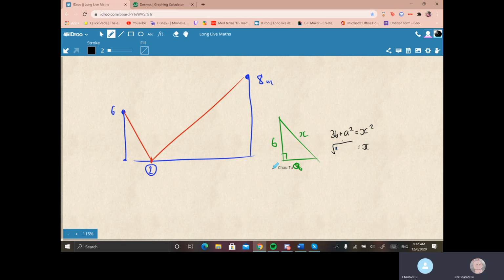Yeah. So no matter where A is, the diagonal length would be root 36 plus A squared.